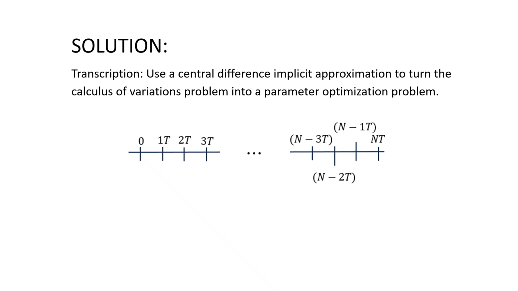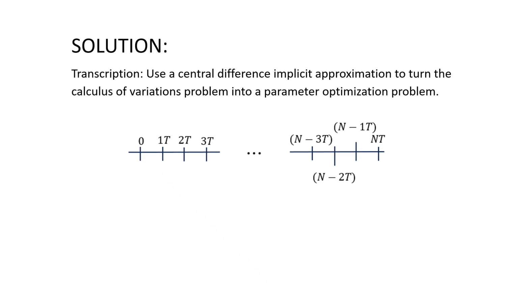The first computational method that we use in order to solve this problem is transcription. Transcription turns a calculus of variation problem into a parameter optimization problem. In a calculus of variations problem, you're solving for a continuous time solution.